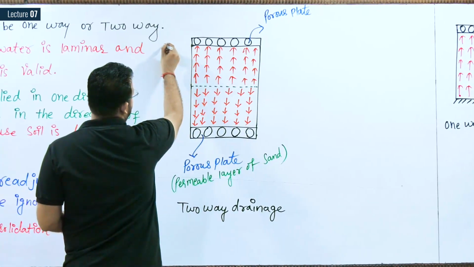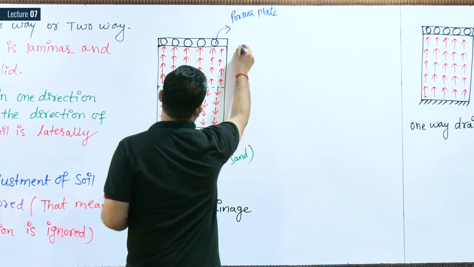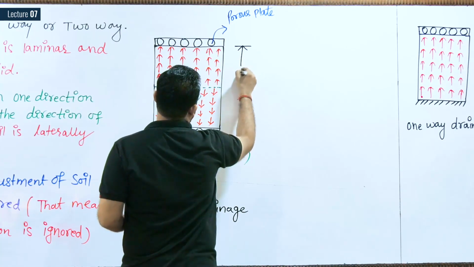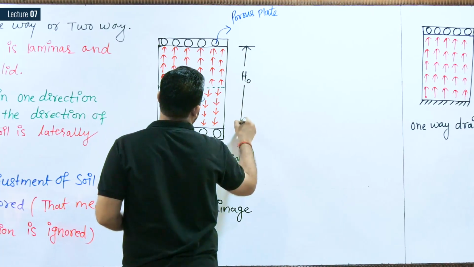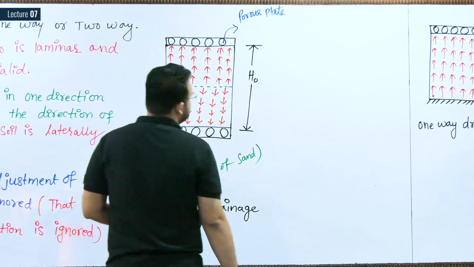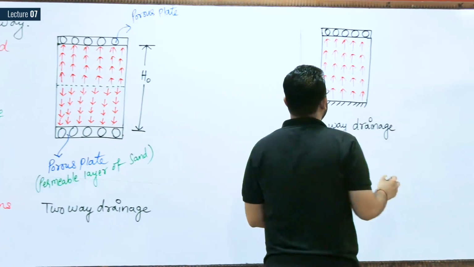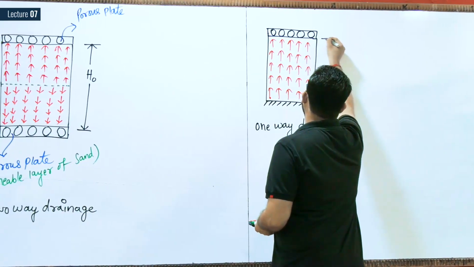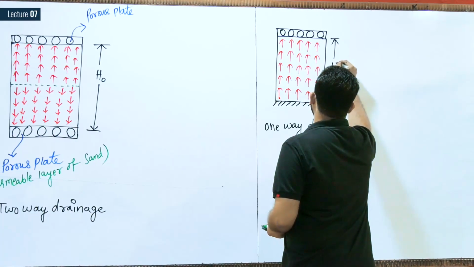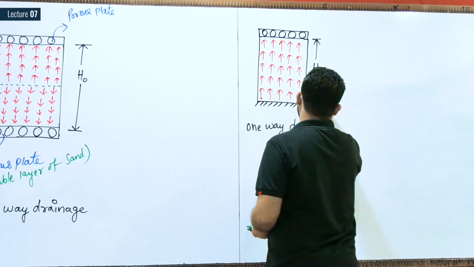Suppose this is the complete initial height H0. H0 is the thickness of the compressible layer which is going to be compressed, or let me consider it the initial thickness of the clay layer.